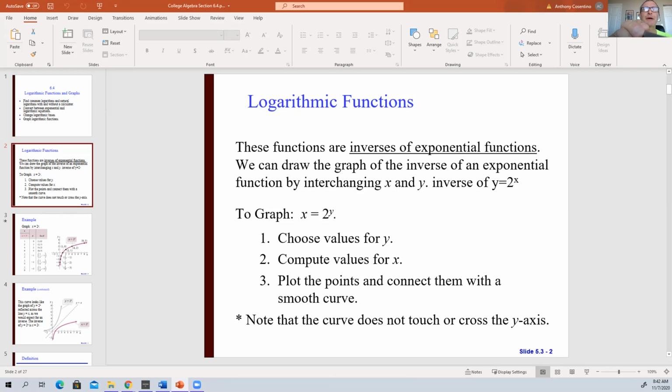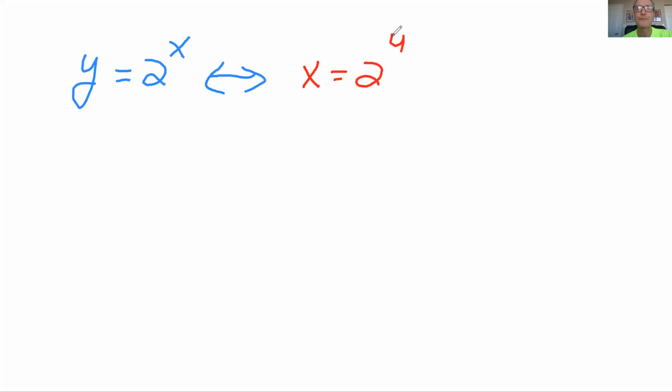So if we take a look at how we talked about calculating inverses, if we start with the equation y equals 2 to the x, and I said take the inverse, you remember basically what you do is you flip-flop the variables, right? So if we flip-flop the variables, a y turns into an x, and the x turns into a y. And so those are the inverses.